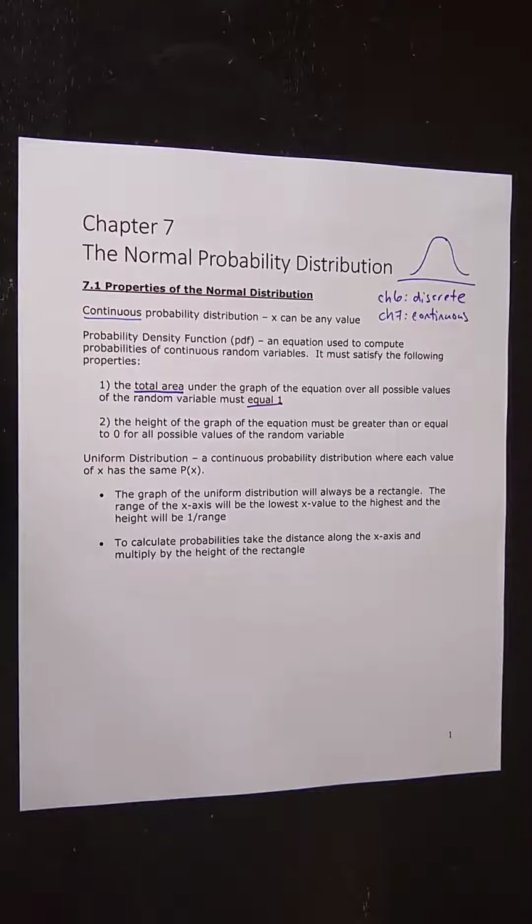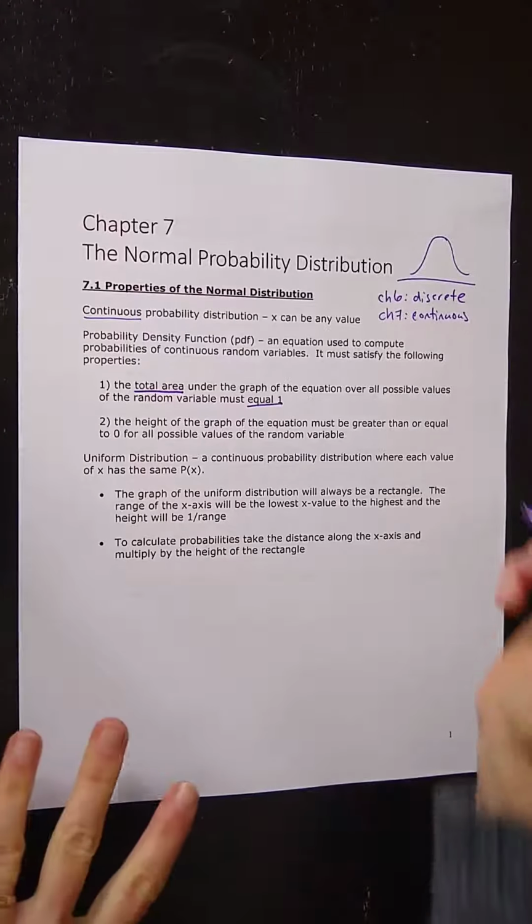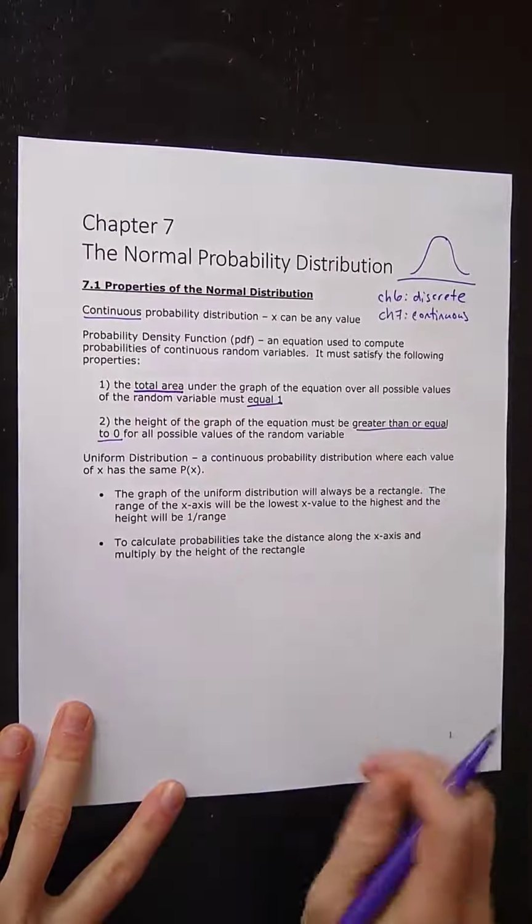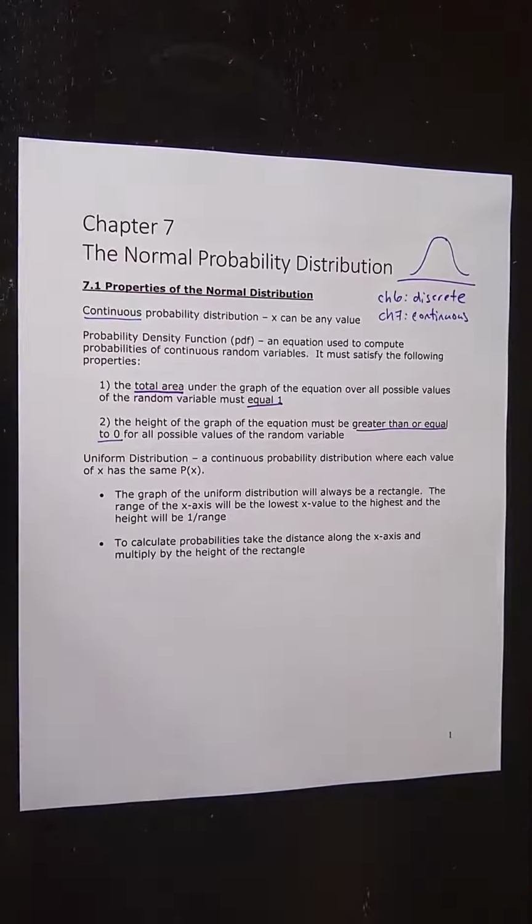The height of the graph of the equation must be greater than or equal to 0 for all possible values of the random variable. That matches up with our individual probabilities having to be greater than 0. We could never have negative probabilities.